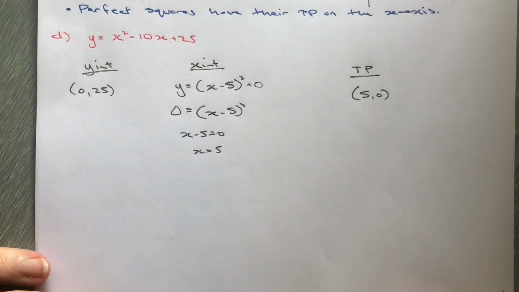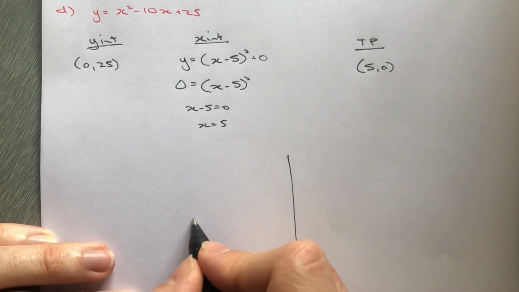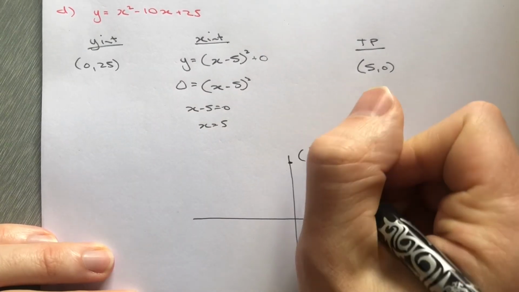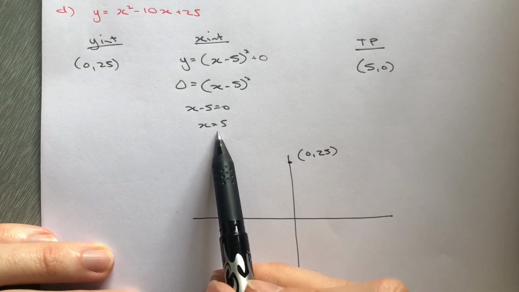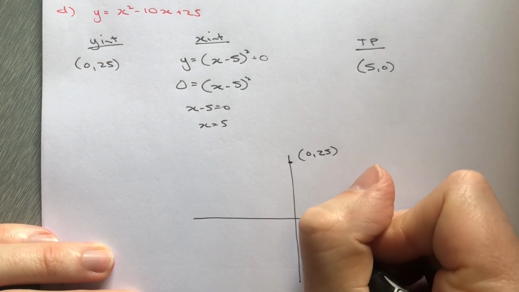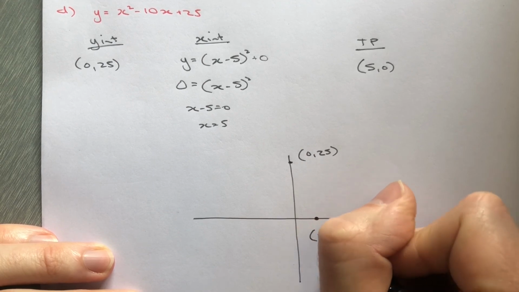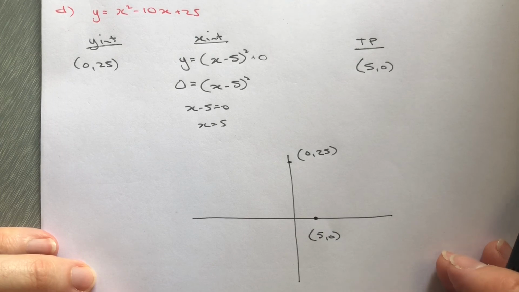Okay, now let's connect all these points. Alright, y-intercept's at 25. This isn't going to be perfectly to scale, don't worry about it. Our x-intercept is at 5. And our turning point is at that same point because it's on the x-axis. Okay, the turning point is on the x-intercept.